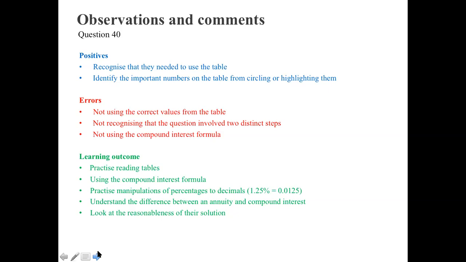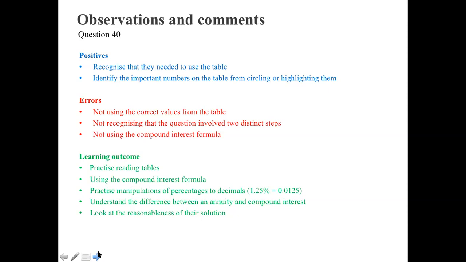Also, even though our kids don't need to change these percentages to decimals, if they choose to, as soon as they do that, we need to make sure they are writing them as a correct decimal. There were a lot of percentages where they just wrote them out as a decimal and did not get them right with their decimal points.